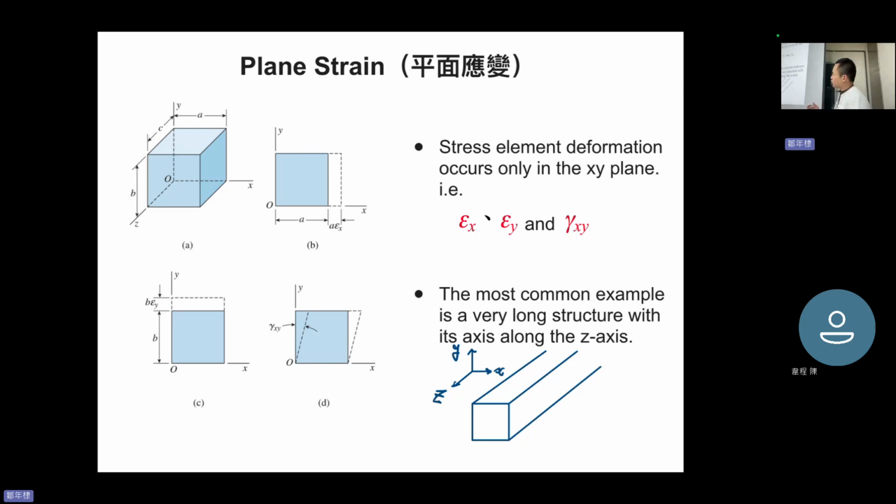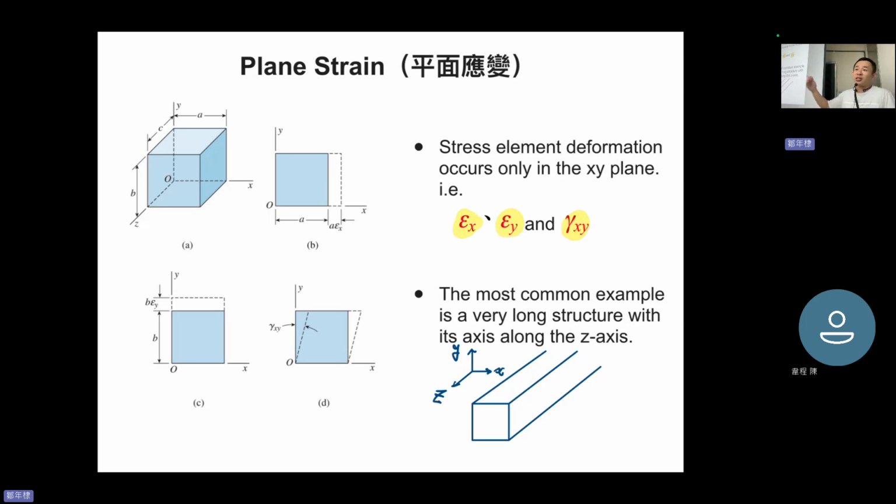The material can be a dam or a wall. How about thin film? Thin film is not this type of material. It should be plane stress because it is tiny. This one is thick, very thick. So again, in this case, these three values will be known.